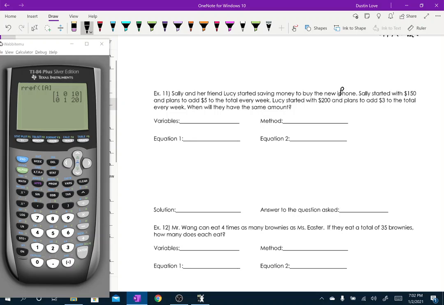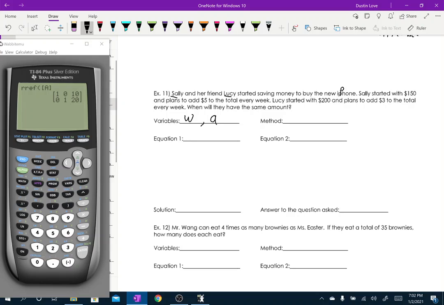Well, it sounds like my W for number of weeks is going to be one of those. Oh, and the amount saved. Don't take the bait and say that Sally and Lucy are variables. They are people, not variables. And so we got W for number of weeks and A for the total amount.